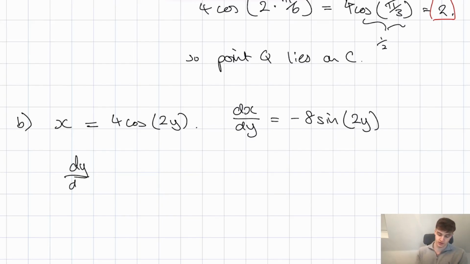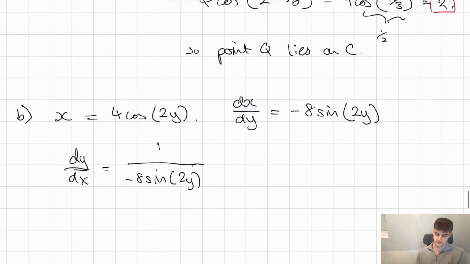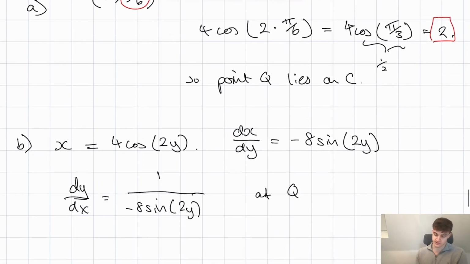Then we want dy by dx, that's just 1 over that. So it's 1 over minus 8 sine of 2y. And it wants us to find that at point Q. So at Q, Q is the point 2 pi over 6.